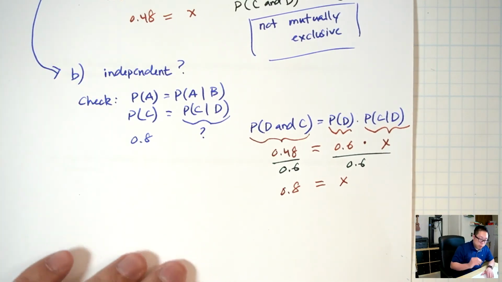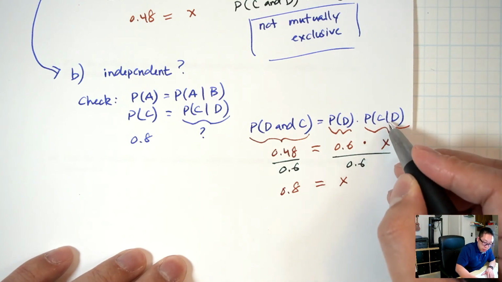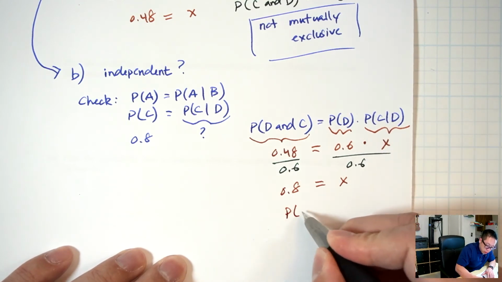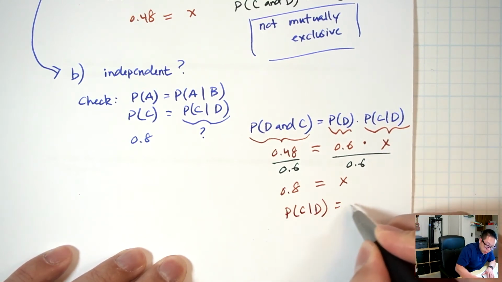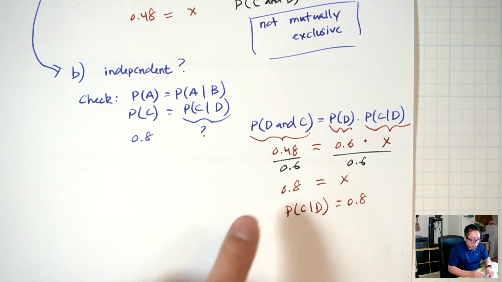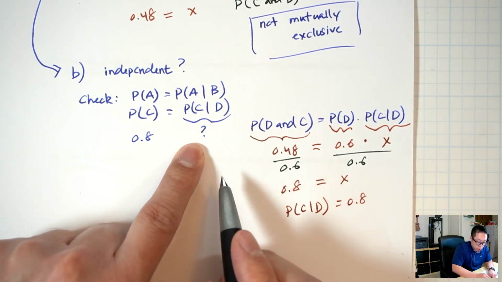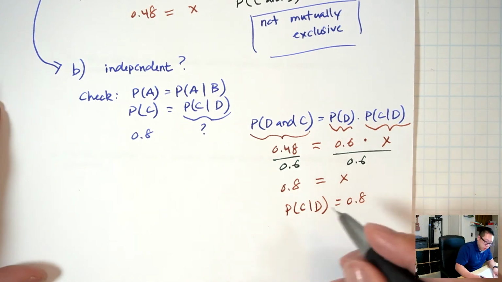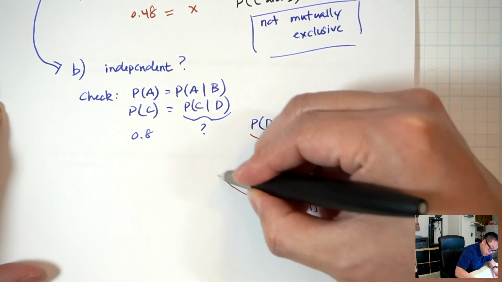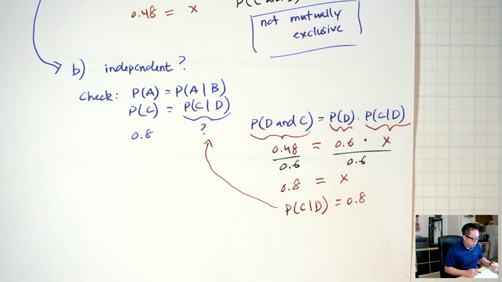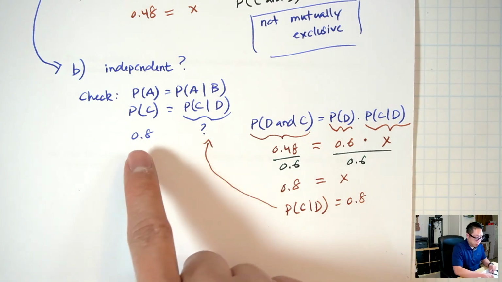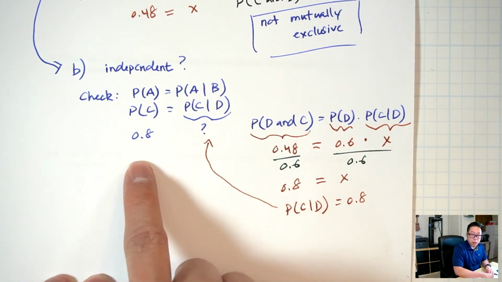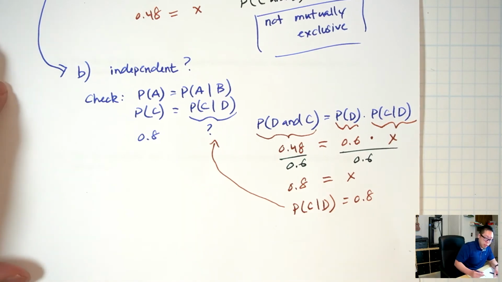So X is by itself, and so that 0.8 is probability of C given D. So now I know that the right side is 0.8. And what's our conclusion? They are equal. Okay, so if they are equal, then our conclusion is that they are independent.